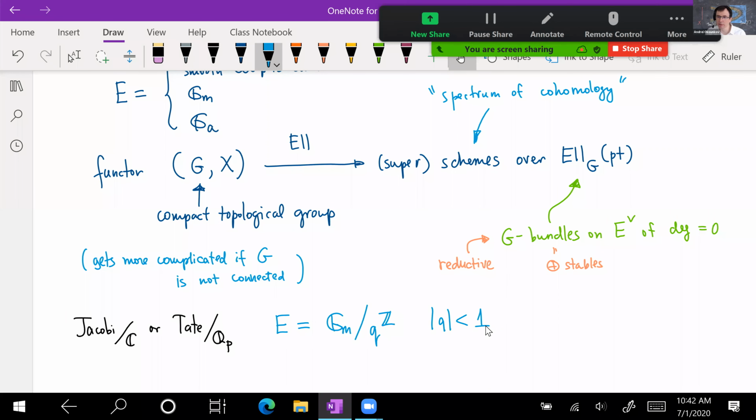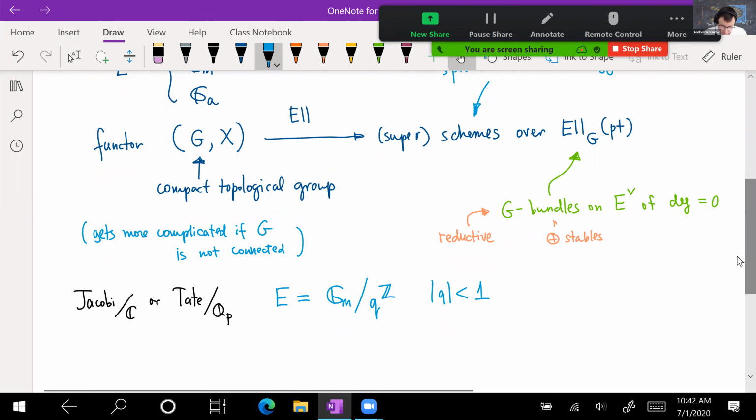And so in that sense, we would be able to understand a lot of constructions in elliptic homology just by doing the corresponding construction in K-theory and making it q-periodic, wrapping it around. Since I haven't defined what elliptic homology is, you can imagine that if you have a construction in K-theory, you can wrap it around q-periodically, and that would be the construction in elliptic homology.